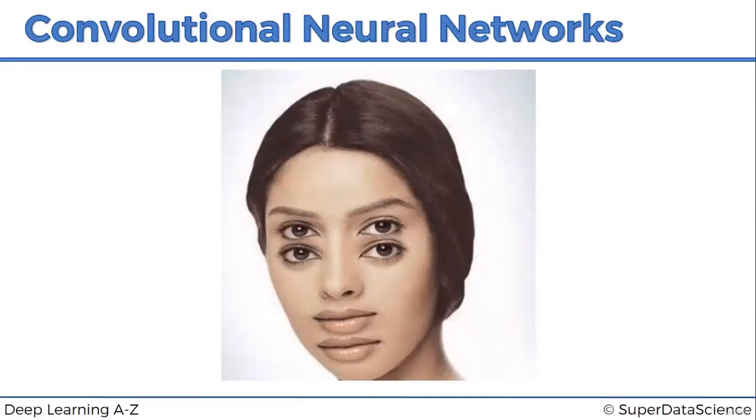So basically all these examples illustrate how the brain works: it processes certain features in an image or whatever you see in real life and classifies it according to the things you understand.